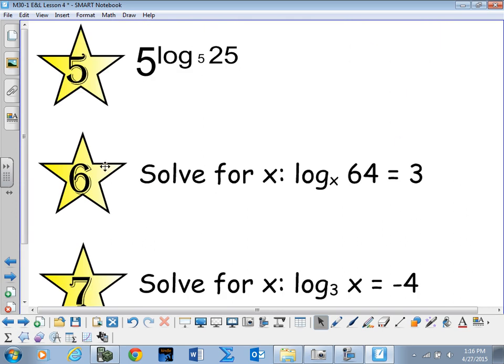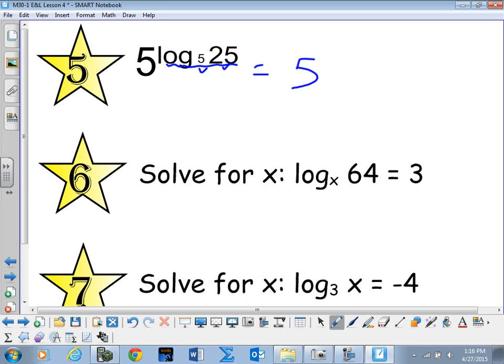Okay, here are some interesting examples. We have a log that is an exponent. What if we solved for this exponent? And what I would ask myself is, what does that log equal? 5 to the power of what is 25? That log represents an exponent. 5 to some exponent equals 25.